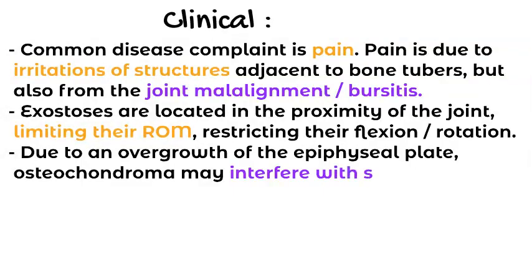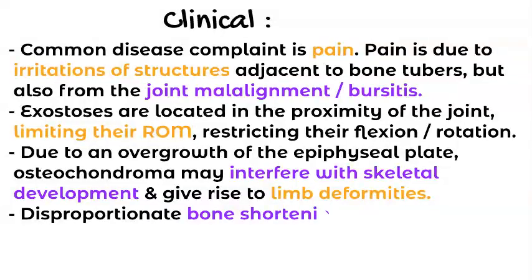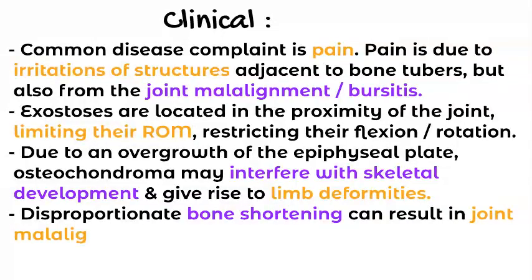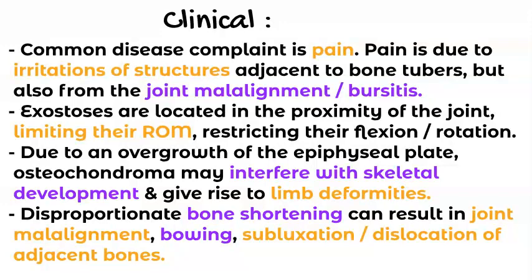Due to an overgrowth of the epiphyseal plate, osteochondroma may interfere with skeletal development and give rise to limb deformities. Disproportionate bone shortening can result in joint malalignment, bowing, subluxation or dislocation of adjacent bone.